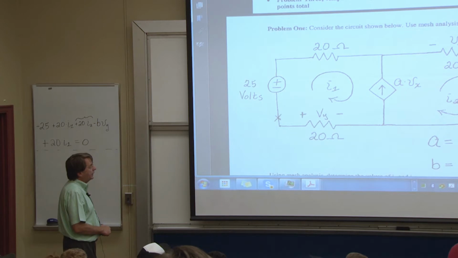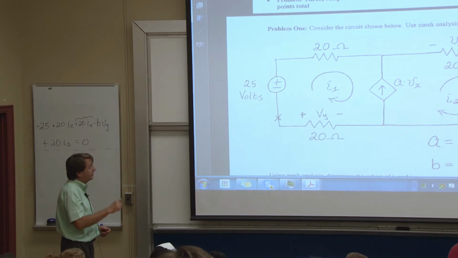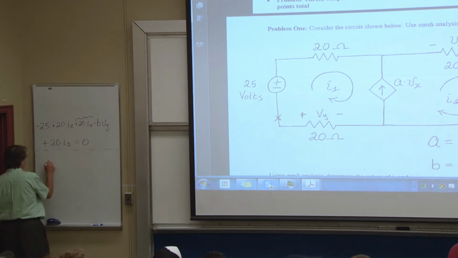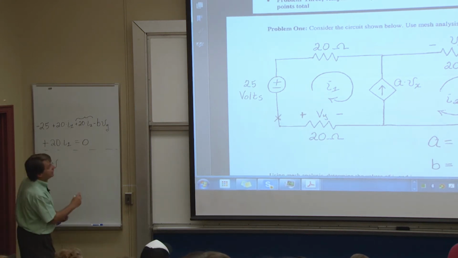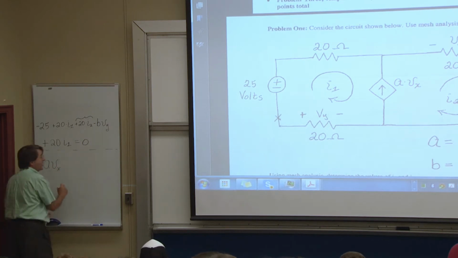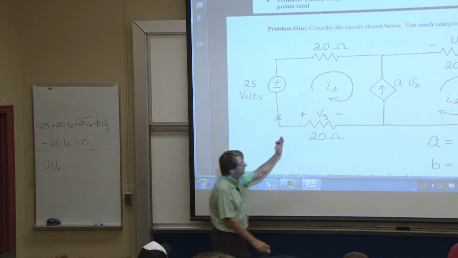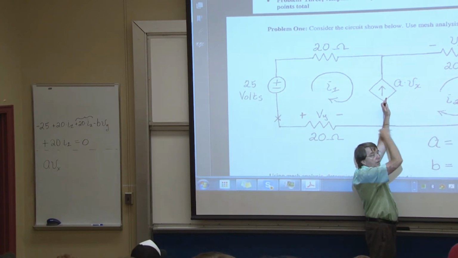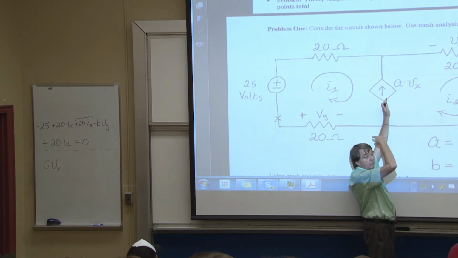I think that's right. Here's how I see it. Since the current source points up, that's I2 minus I1.